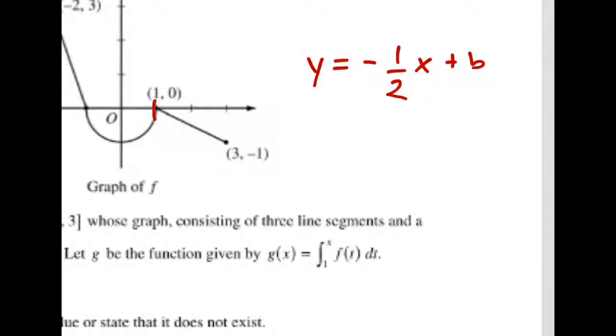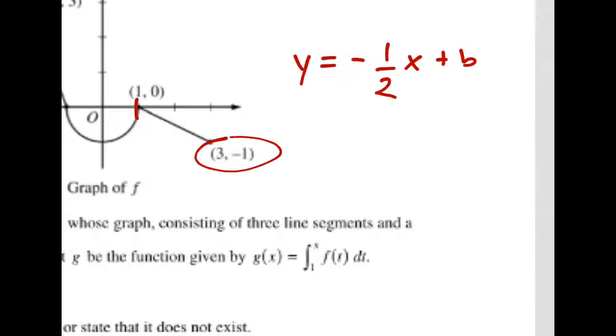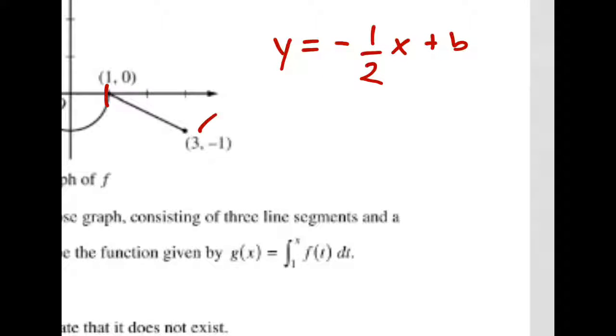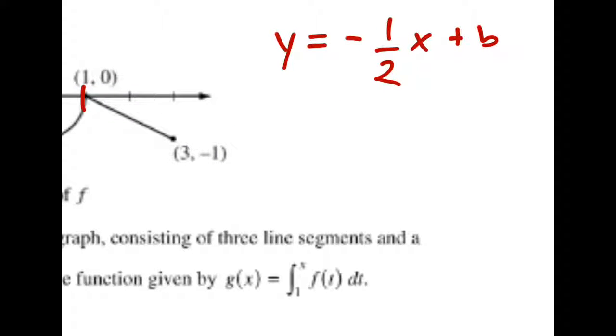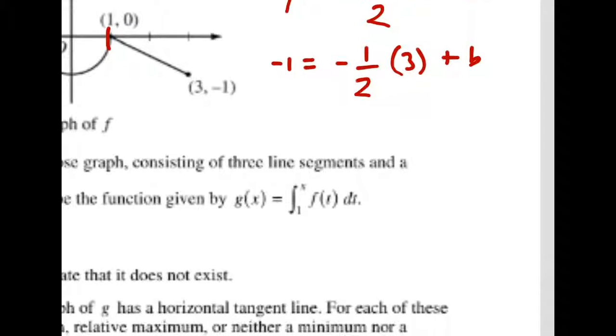Plus b. There's a b value. I don't know where it hits the x-axis, does it hit perfectly? I don't know. But I do know that this point is on the line, so I can plug in that for x and that for y, and then solve, and I get my b value. So I'm trying to find a b value right now. Times 3 plus b.